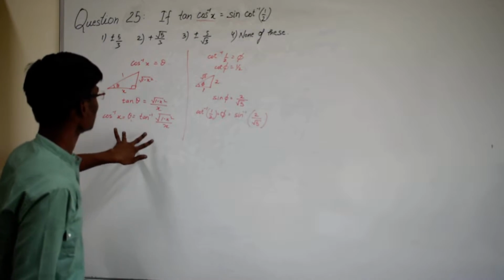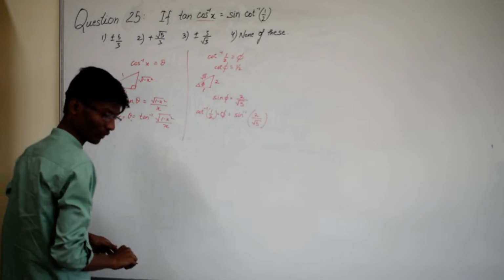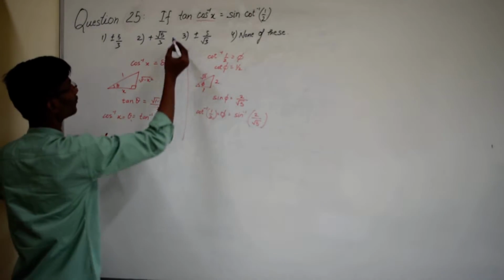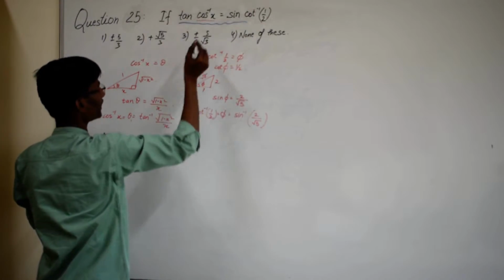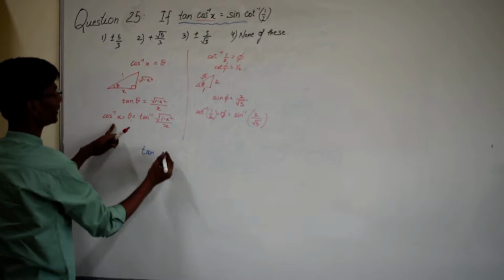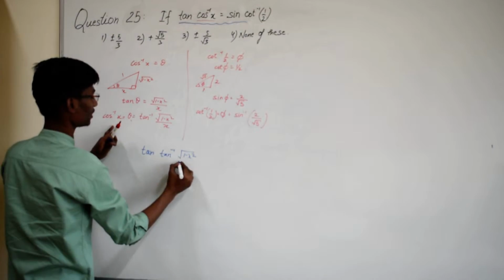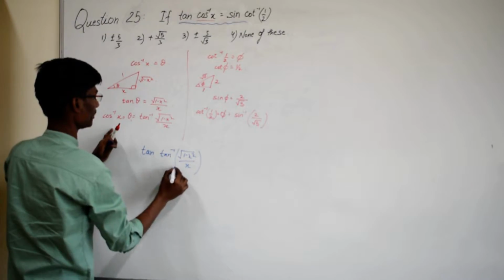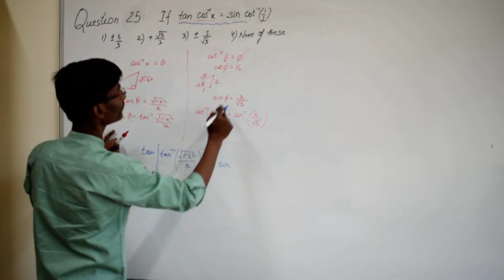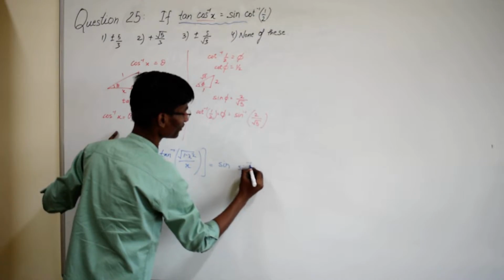Now I am using these two values and applying them in our required equation. We get tan of cos inverse x, that is tan of tan inverse under root 1 minus x square divided by x, equals sine of cot inverse 1 by 2, that is sine of sine inverse 2 by root 5.